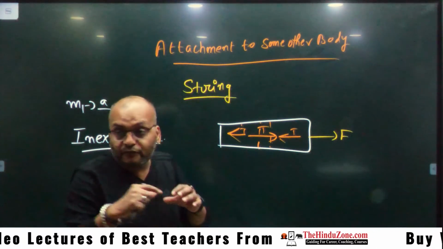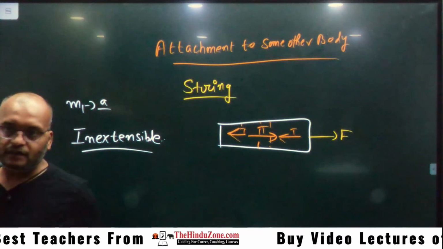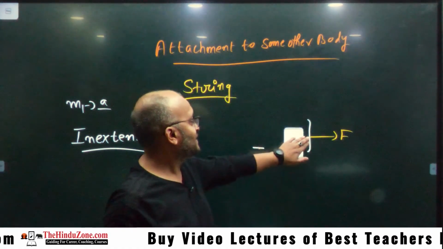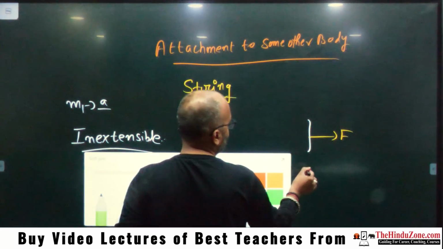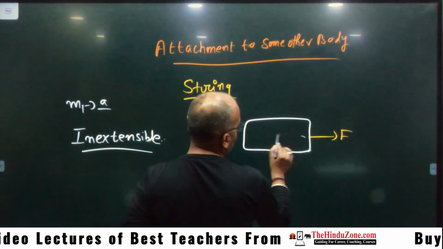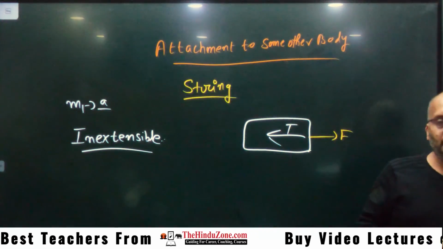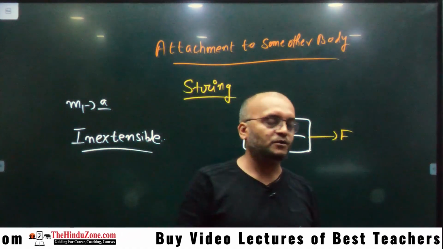So every portion of the rope is applying the force. We won't go into that much detail. It is beyond your syllabus. So we will say a simple force is acting in opposite of the force applied by you, and this force is tensional force. Okay. So we will talk about it tomorrow.